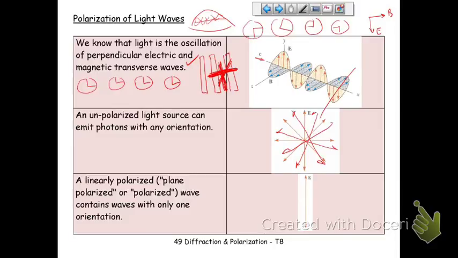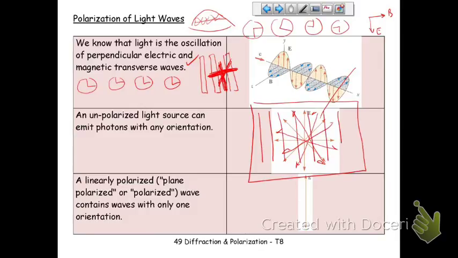If we put that through a polarizing filter, which has, if you like, the picket fence in that direction, we will end up with all our photons having the same direction. Some of them will be big and some small, but they'll all be lined up. We call this linearly polarized, or plane polarized, or just polarized light. Okay, various terms.